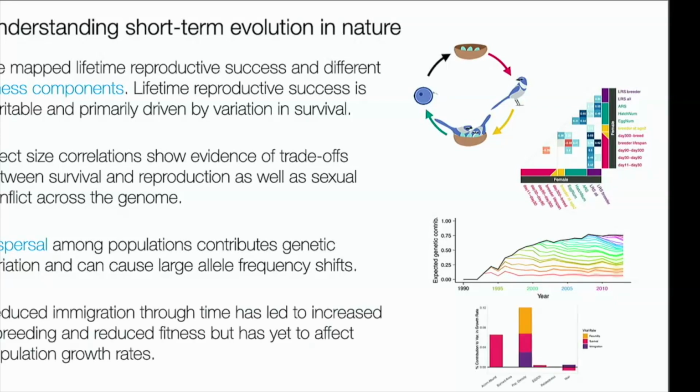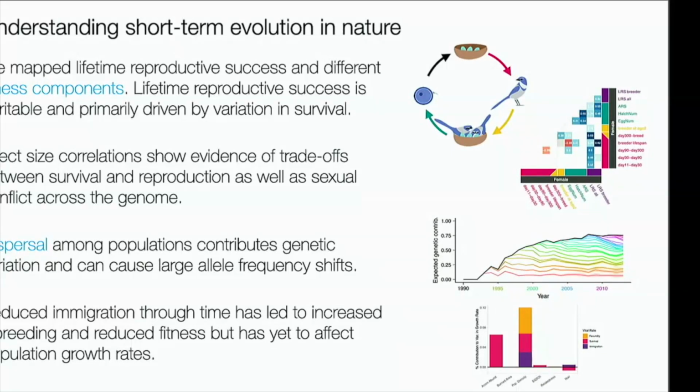Reduced immigration to our population over time has resulted in increasing levels of inbreeding and reduced juvenile fitness, but has yet to impact our population growth rates, mainly because this decrease in survival is being counteracted or buffered by an increase in breeder survival over time. And we think it's all, again, linked to density dependent factors.